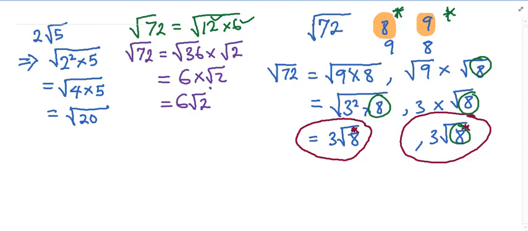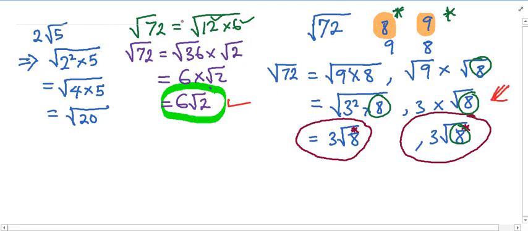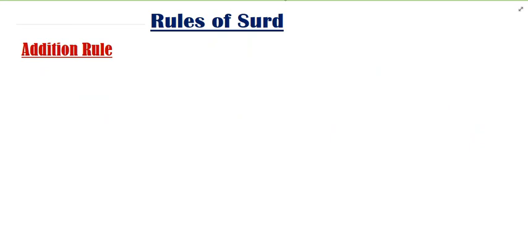So this is what's actually needed to solve. I think this approach is more preferred and more valued compared to the other approach where you have big numbers here.